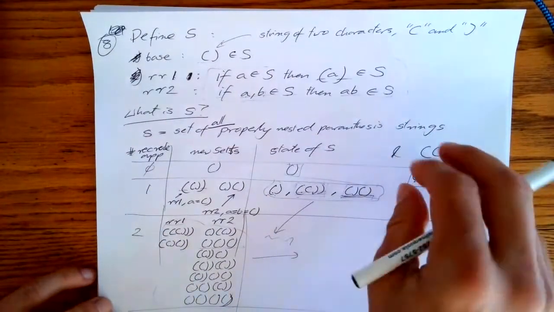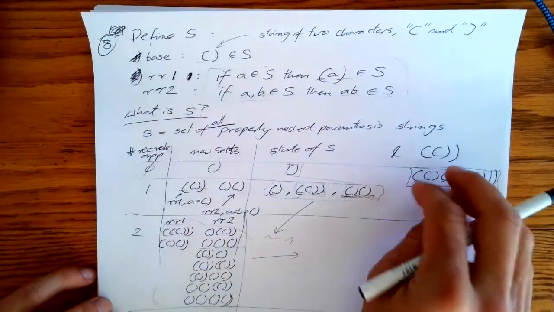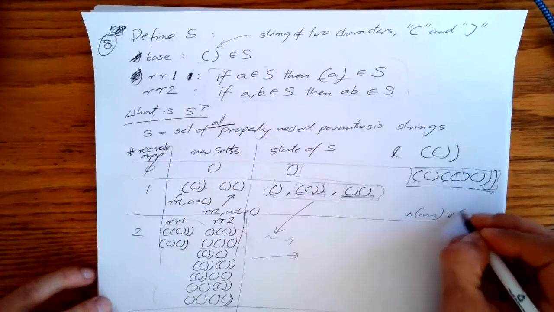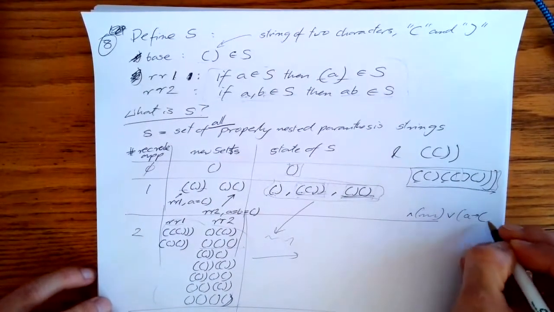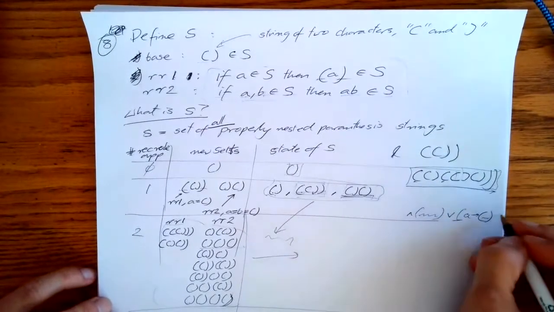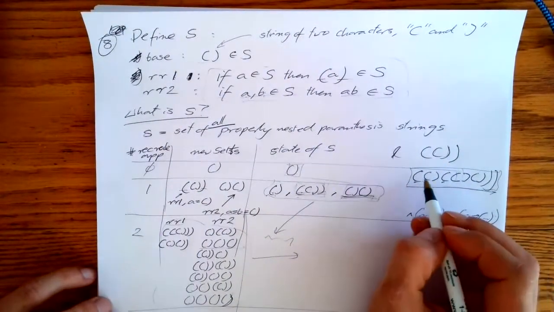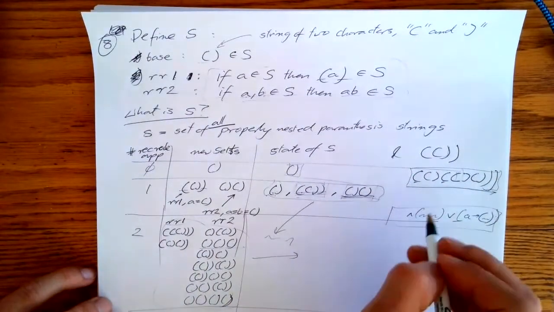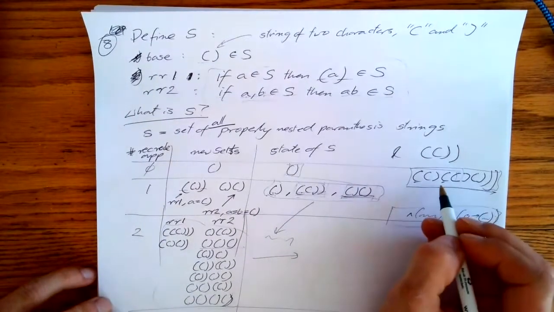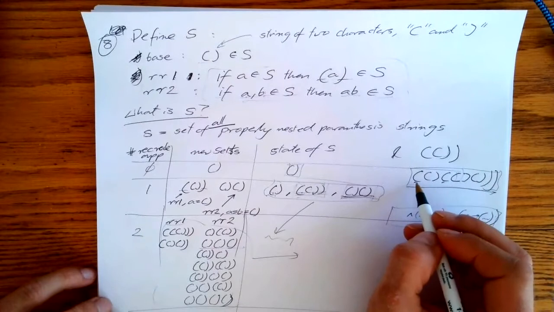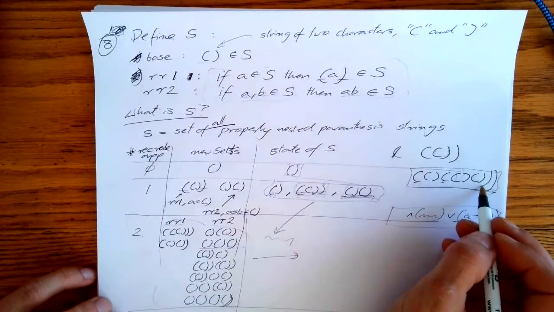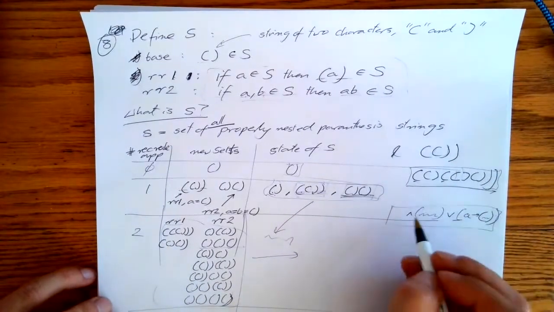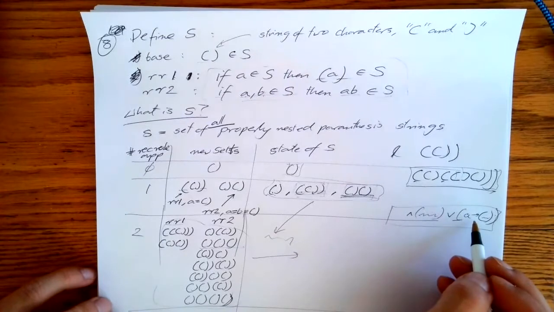If I'm using and, or, or implies, and I open, then I better close this one. So recognizing a correct Boolean expression is not easier than recognizing properly nested parenthesis strings, because a Boolean expression has to, in particular, have properly nested expressions inside.